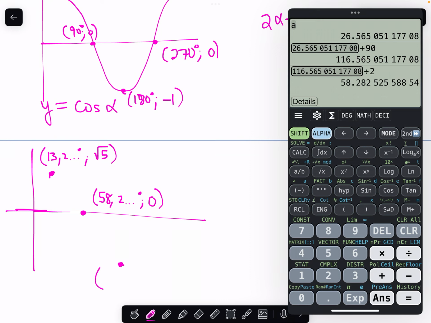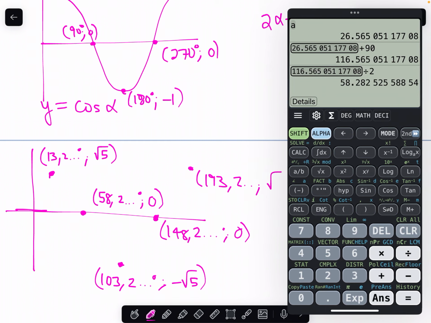So that's going to be another 45 degrees. It's going to be 98,103,2, and this will be negative √5, and then from there another 45 degrees, so that's going to be 148,2 degrees and 0 as the y coordinate, and then from there another 45 degrees, so that would be 193,2 blah blah blah and √5.